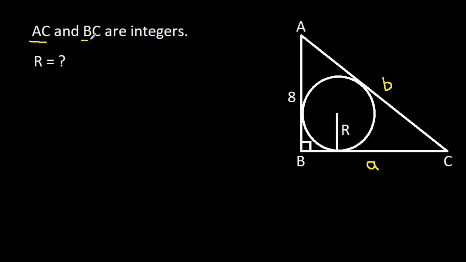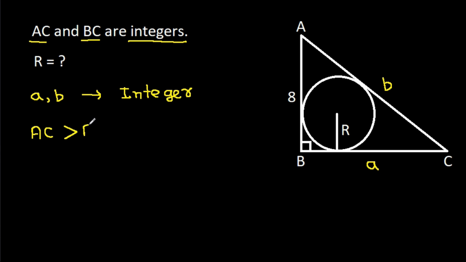Then AC and BC are integers, that means a and b should be integers. And also AC should be greater than BC, that means b should be greater than a.